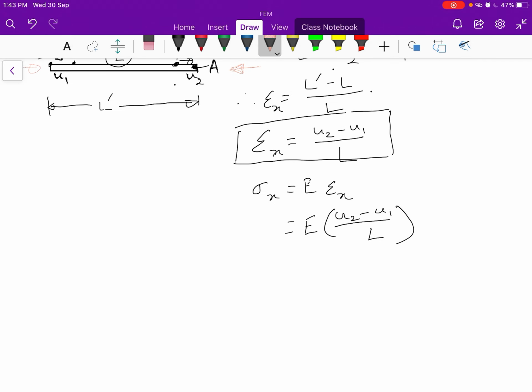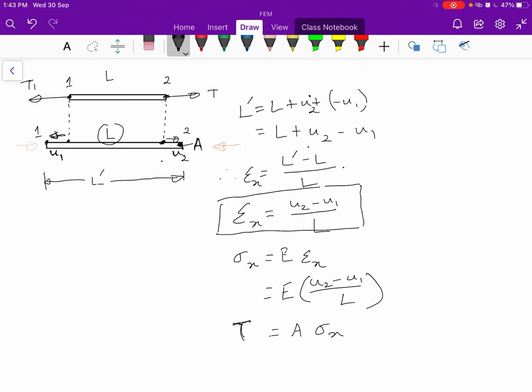The relationship between a force and area of cross section is that we need to multiply area of cross section by the stress in that particular direction to get the force in that direction.